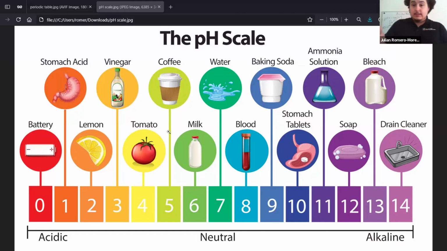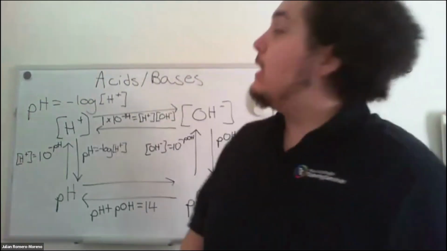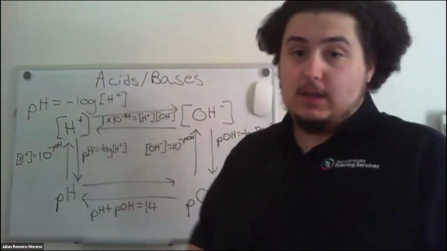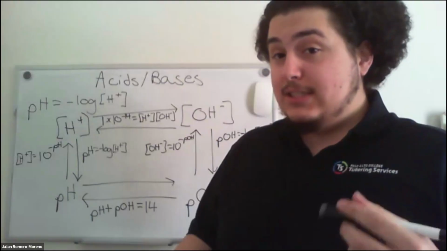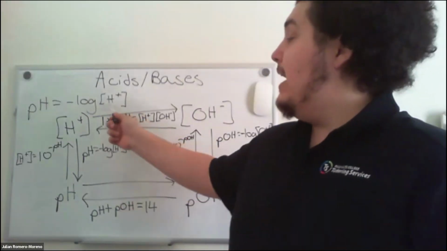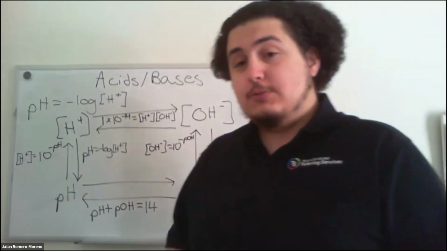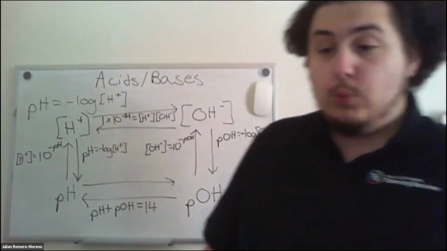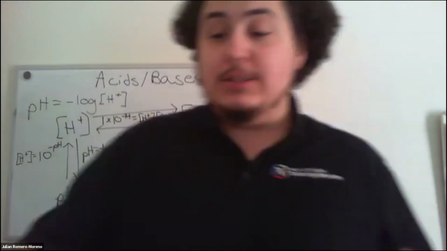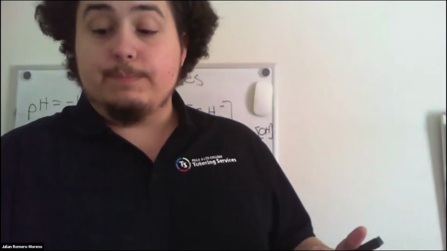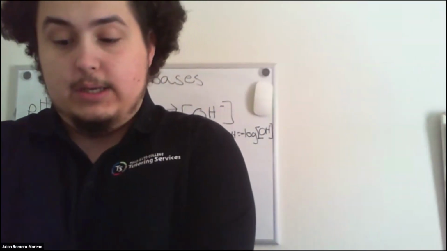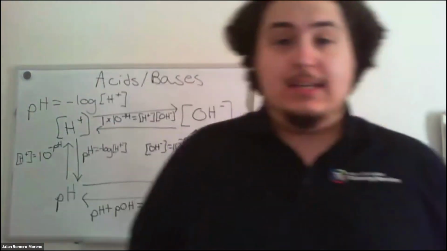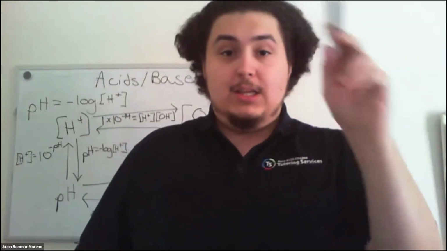Now, this is the pH scale. Let's talk about what pH itself represents. pH is defined as the negative log of the concentration of H plus ions. So something that's acidic will release a lot of H plus ions, or another term is protons, because an H plus ion is a single proton that has lost its electron.